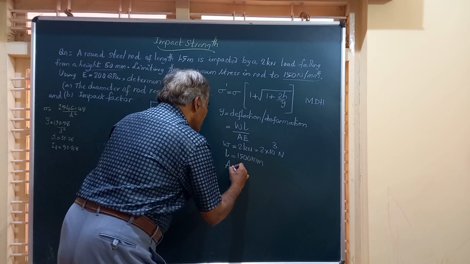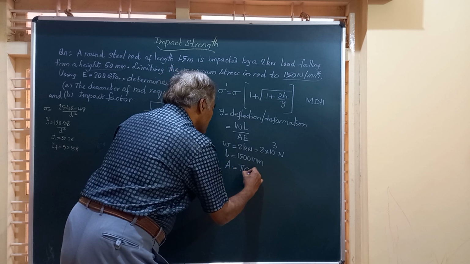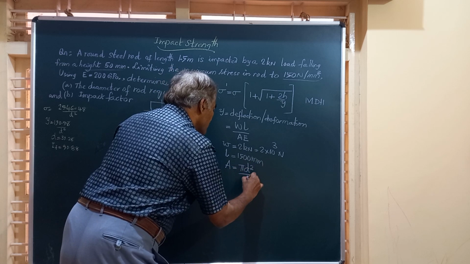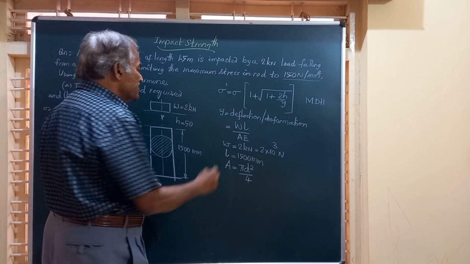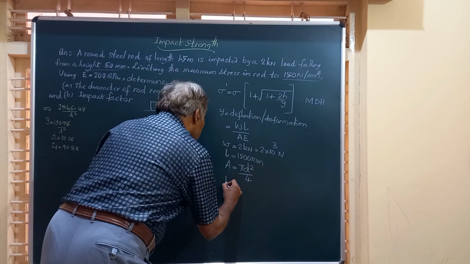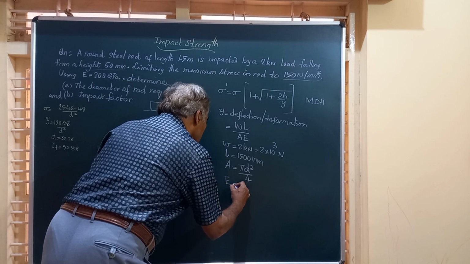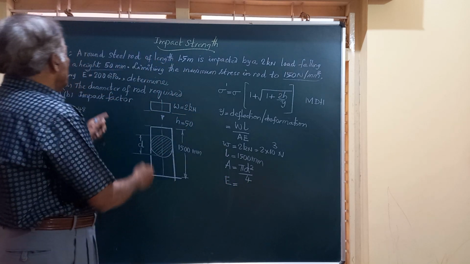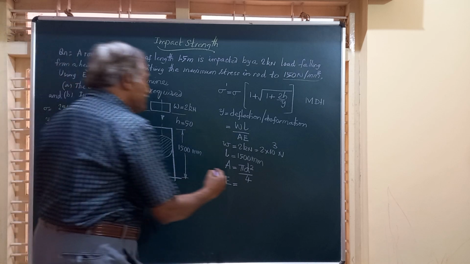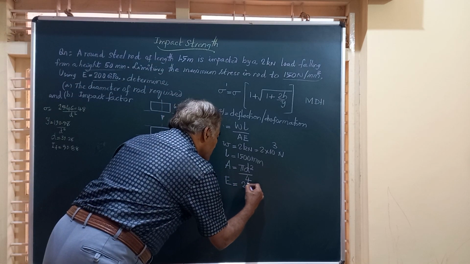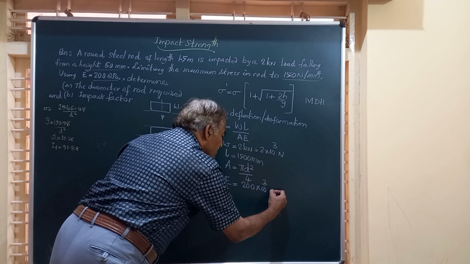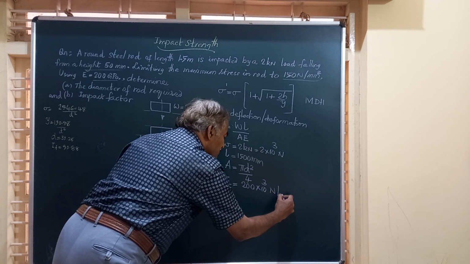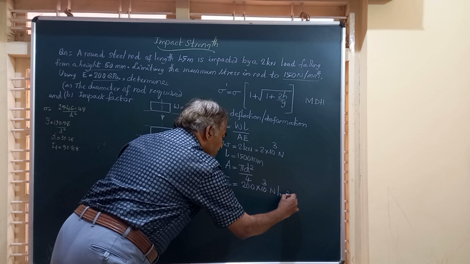A is the area of cross section, that is pi d square by 4. We will write it as it is because the diameter is not known to us, and E is the Young's modulus of the material of the rod, given as 200 GPa. Converted to MPa, that is 200 into 10 to the power of 3 Newton per mm square.